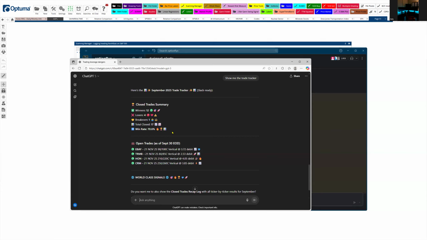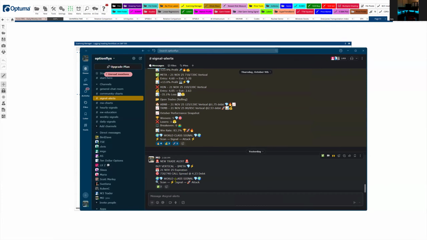If I wanted to turn this into an Excel sheet, it can do everything for me. This is the one that comes up with those world class signals. It's crazy. And now it tells me we need to add scan, signal, attack, because of the emojis and stuff. Oh well.